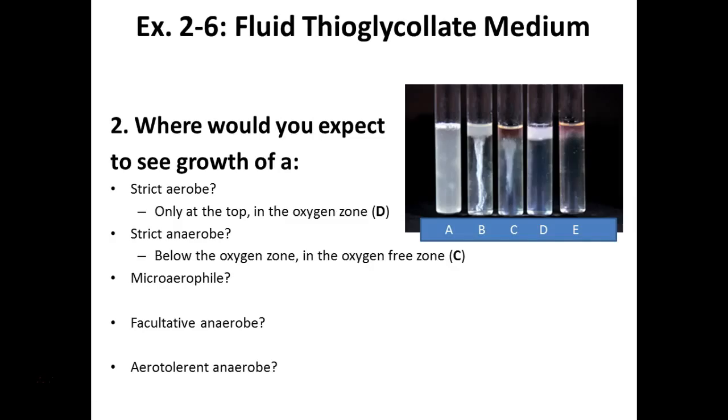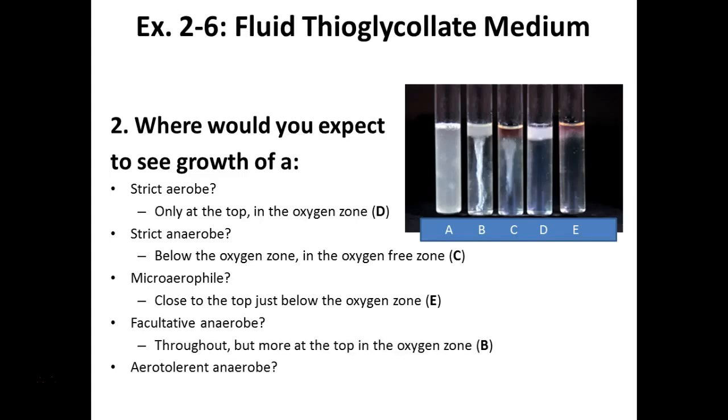Microaerophile, E. So notice again, not in the pink layer, but just below it, and it doesn't extend down the tube. Facultative anaerobe, B. Again, abundant growth in that oxygen layer, but still growing anaerobically. And then our aerotolerant is definitely A, with the uniform growth throughout.